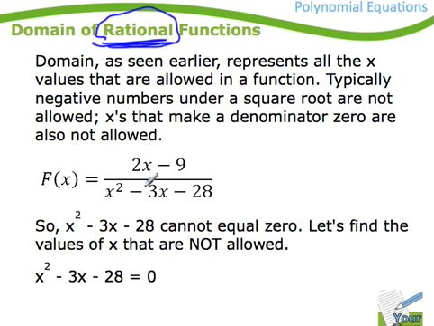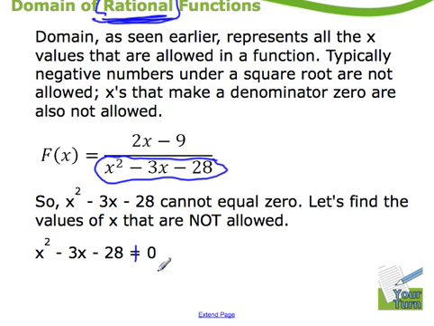So in this case here, I'm looking for all the values of x that are allowed. I know that I can't have 0 on the bottom, so I've got to find out some way of figuring out what values of x will make this bottom thing 0. And so what I do is I say x squared minus 3x minus 28 cannot be equal to 0.